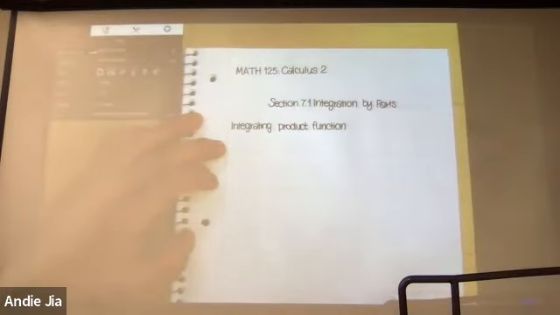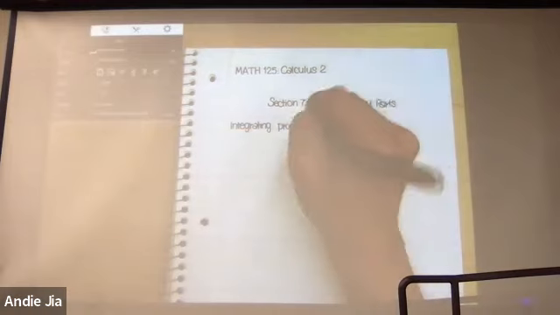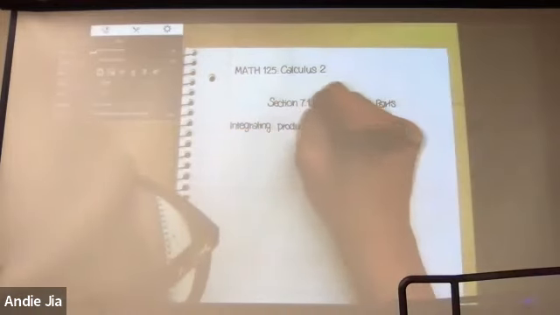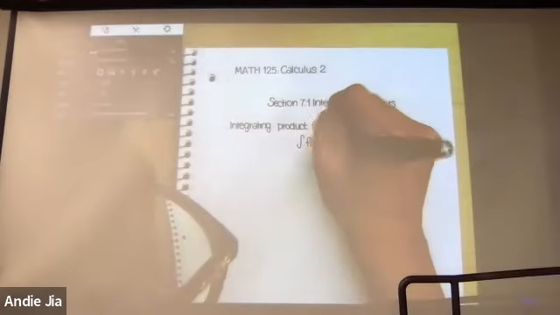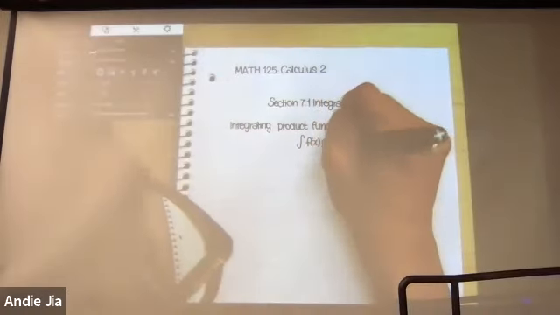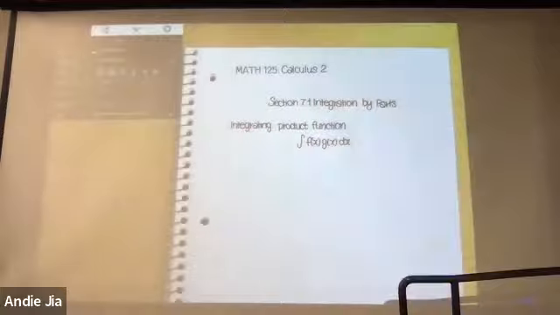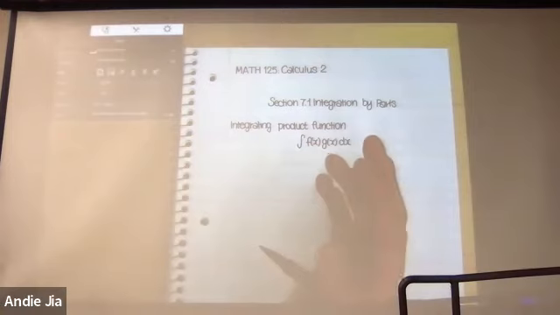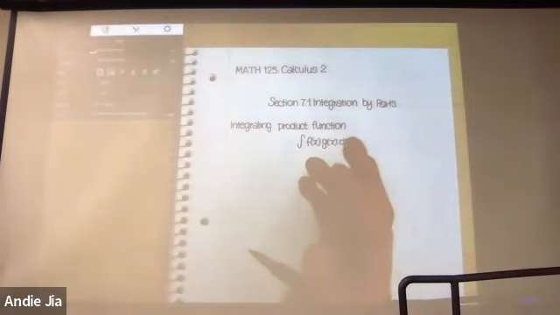If we have an integral like this, it's the way that we can, it's like reversing the product rule that we taught in Math 24.